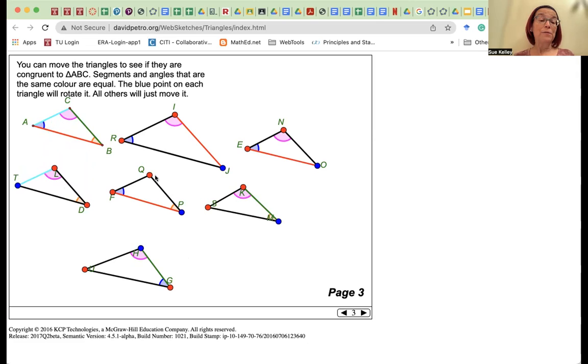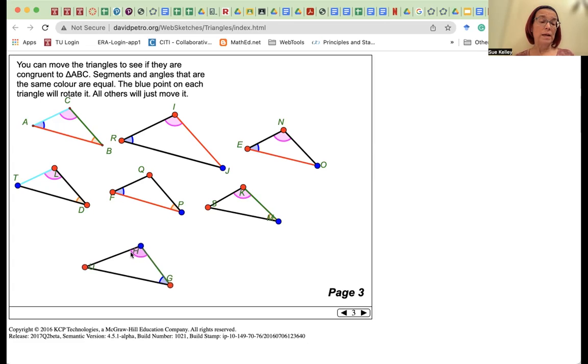Here for FQP, we have an angle that matches up with angle A, an angle that matches up with angle B, and between those two, that's important, we have a side that matches up with side AB. So this would be angle, side, angle for congruence.